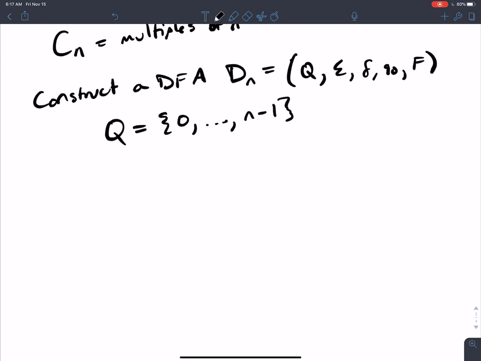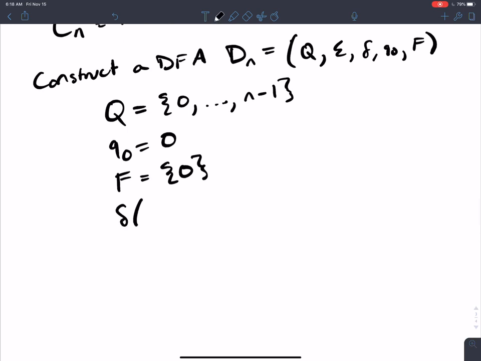So then the start state is going to be 0 because that's the state that corresponds to no remainder at all, which means it's a multiple. The set of final states is going to be just 0 and nothing else, the state 0.